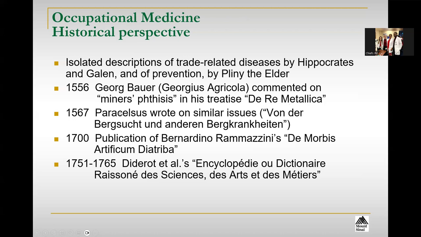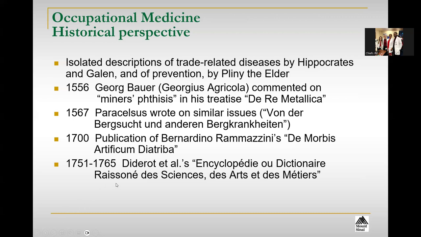That was a book. And in 1567, the so-called father of toxicology, Paracelsus, also wrote on similar issues. But perhaps the acknowledged seminal work in occupational respiratory diseases was the treatise of Bernardino Ramazzini in Italy, a book that was considered the first occupational medicine textbook.